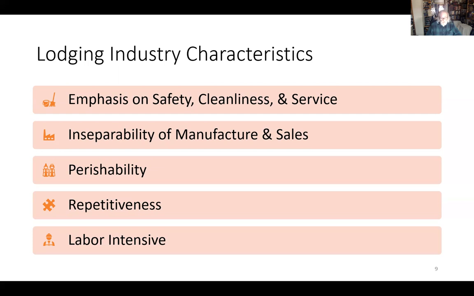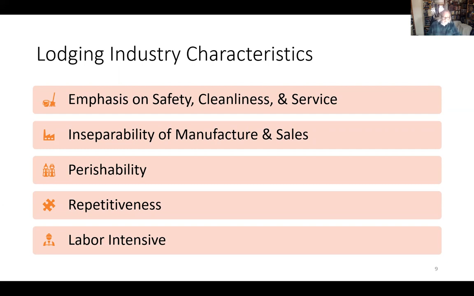And then one thing that we really want to understand about a guest is that guests consider the intangible aspects of the purchase decision. Therefore, there is an inseparability in the lodging industry of manufacture and sales. So, what do I mean by that?